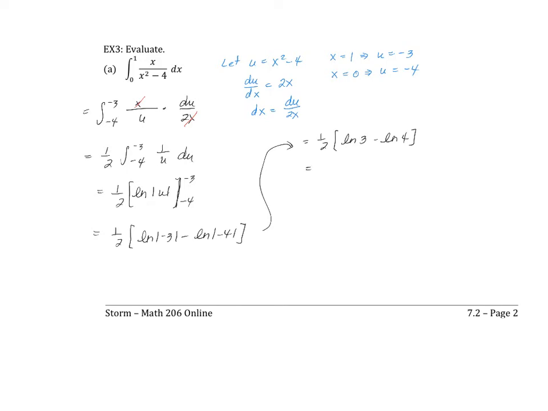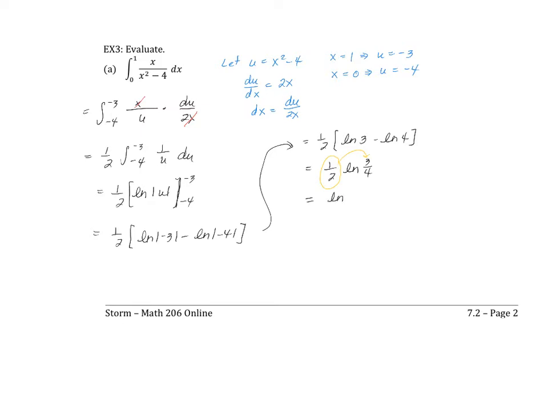And then I can simplify this further, because the natural log of 3 minus the natural log of 4 is just the natural log of 3/4 by our property. And I can simplify this even further, because this 1/2 in the front can be brought up to be the exponent on 3/4.